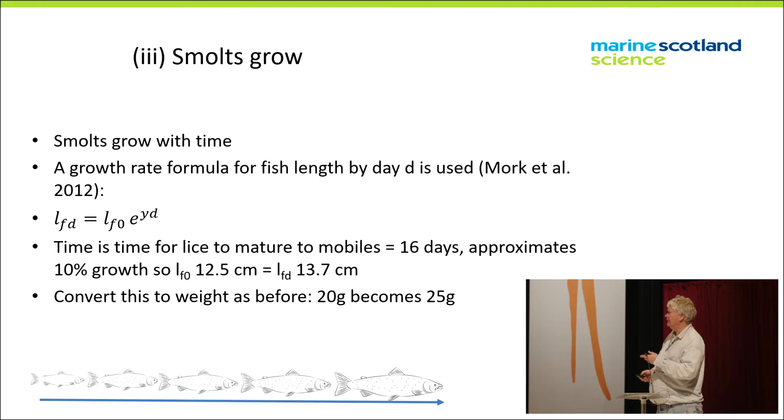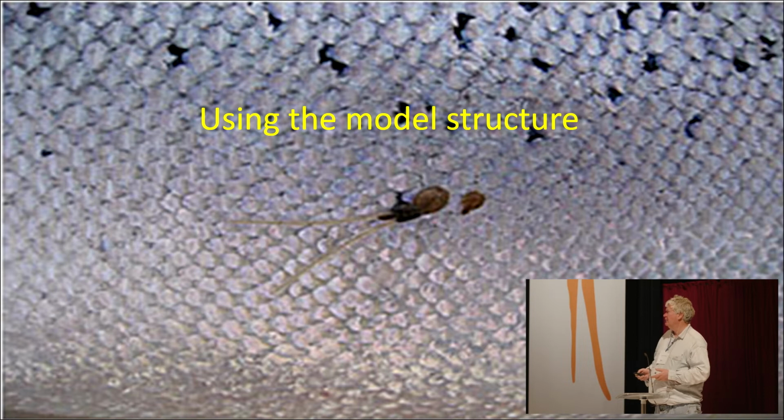So we've taken a relationship from Morg et al. 2012, and using this relationship over a 16-day period, there's approximately a 10% growth in length. So our 12.5 centimeter smolt becomes 13.7 centimeters, and it increases from 20 to 25 grams, thereby diluting the number of lice effectively by 20%.